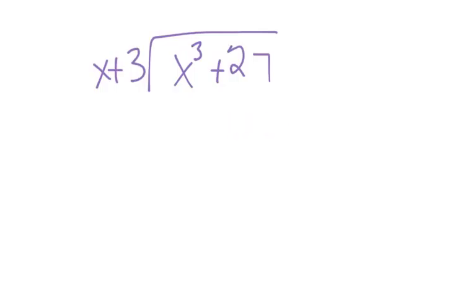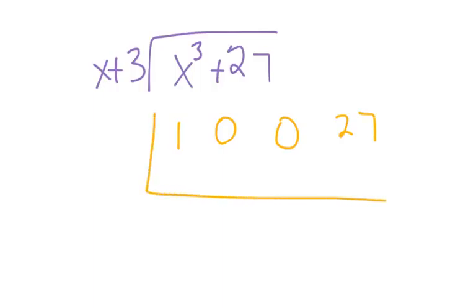Let's drop down our numbers. I have a 1 here. I don't have any x squared, so that's a 0. I don't have any x, that's another 0, and then I have a 27. Again, change the sign of what we're dividing by, and drop down that first term.